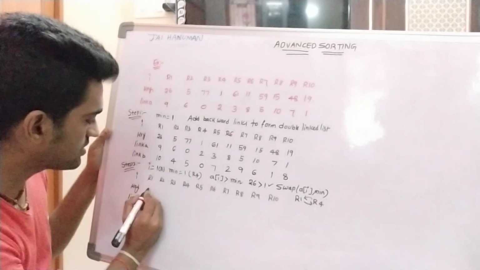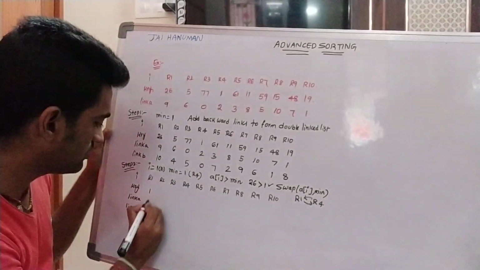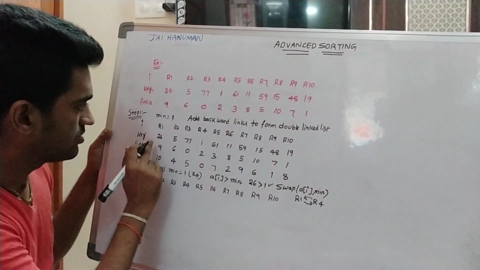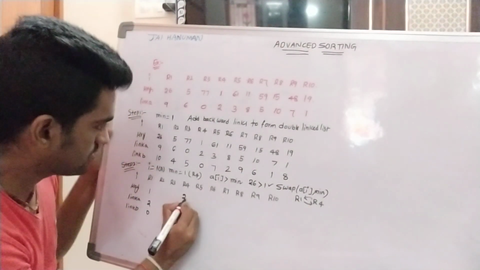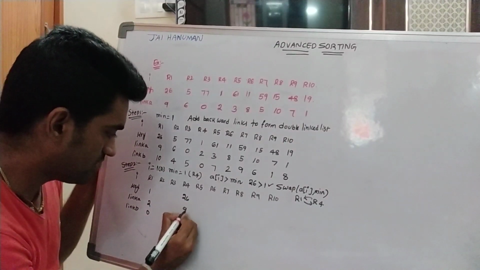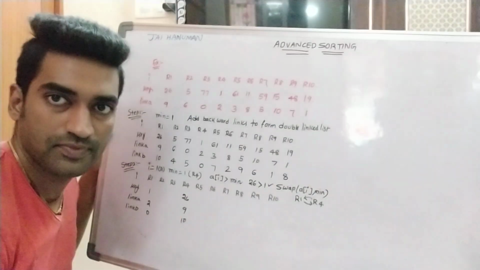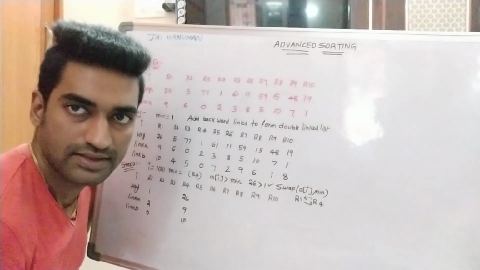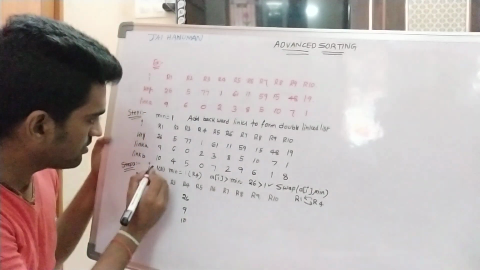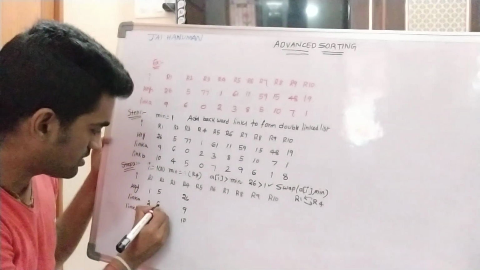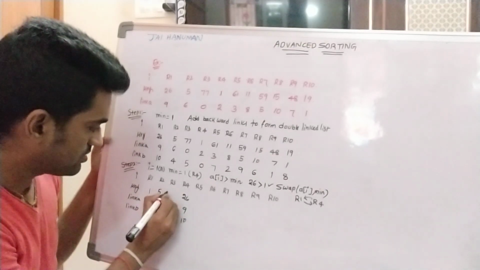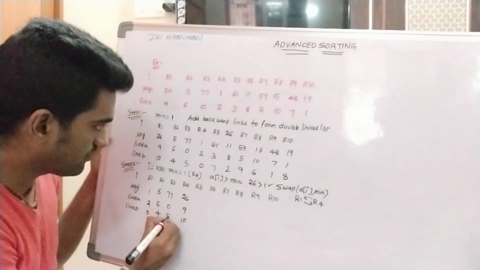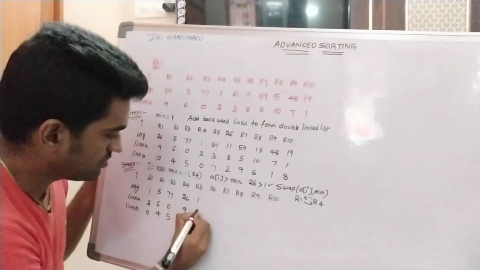Now the list becomes, so R1 is 1, 2, 0. R4 becomes 26, 9, 10. So here the remaining elements are the same: 5, 6, 4, 77, 0, 5, 1, 2, 0.